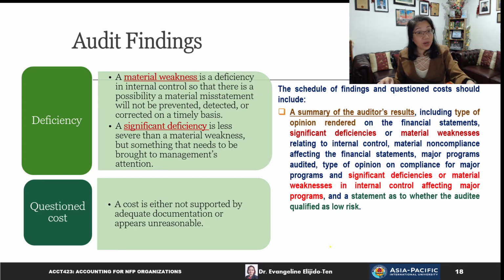It should include a summary of the auditor's results, including the type of opinion rendered on the financial statements, any significant deficiencies, that's the one that we've talked about, or any material weaknesses relating to internal control, material non-compliance affecting the financial statements, major programs audited, the type of opinion and compliance for major programs, and any significant deficiencies or material weaknesses in internal control affecting the major programs, and a statement as to whether the auditee is qualified as a low risk.